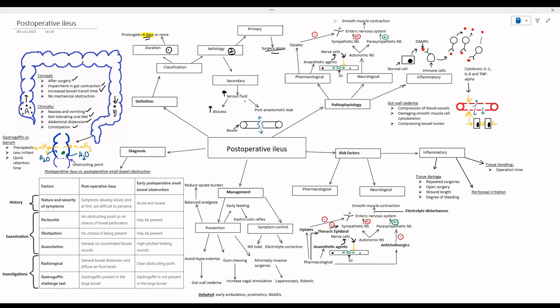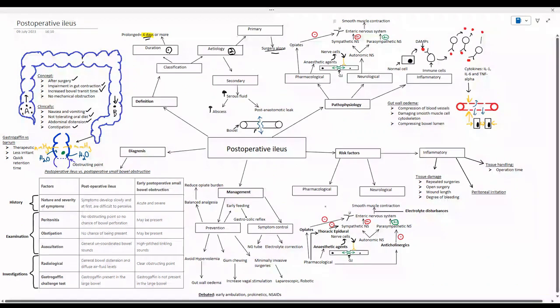And finally, if you think of that fluid can leak. So if the person, for example, has had a surgery where they've joined two bits of bowel together, which you can see here, sometimes that join may become ineffective for whatever reason, for example, inflammation, and that can cause a leakage of fluid, which we call a post-anastomotic leak, and that's another cause of secondary postoperative ileus.